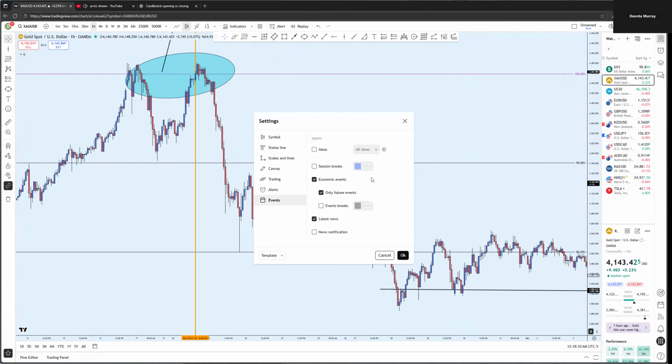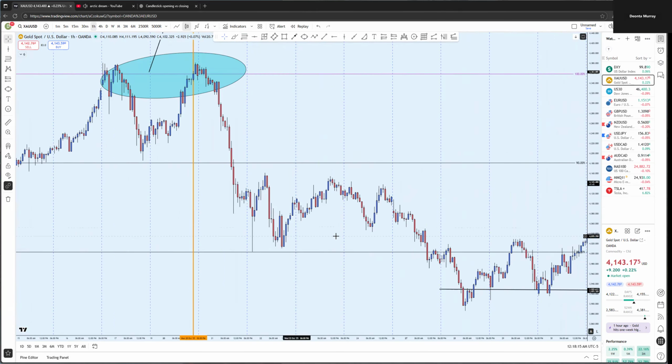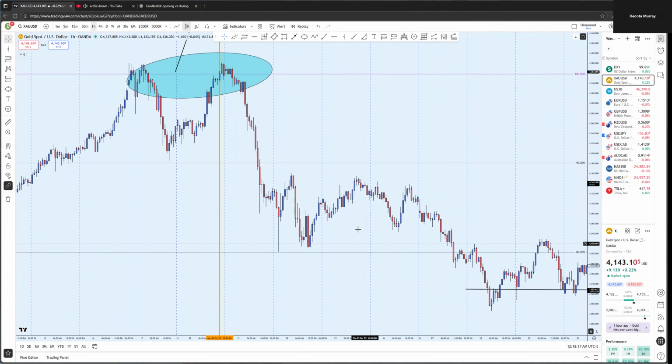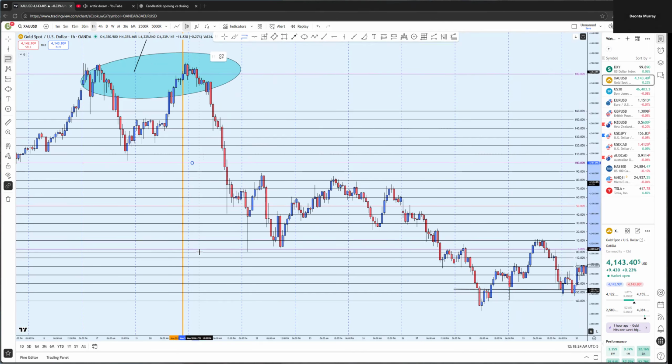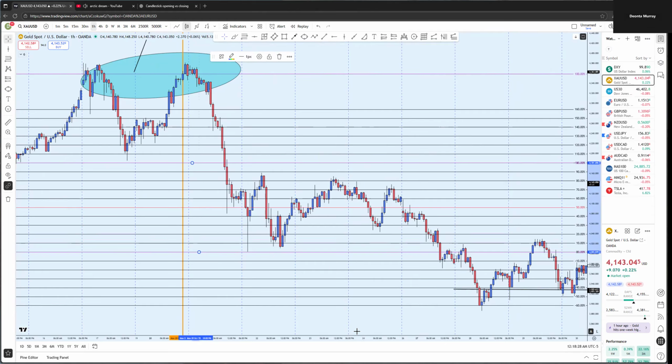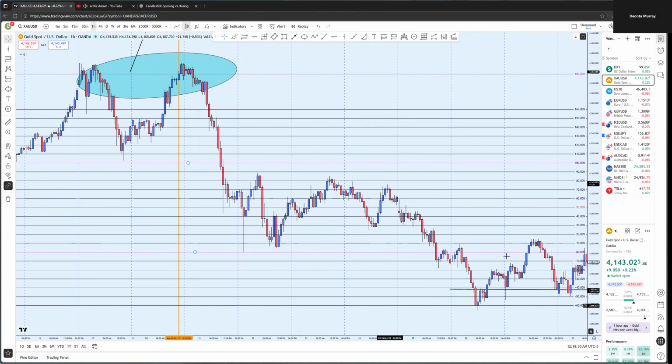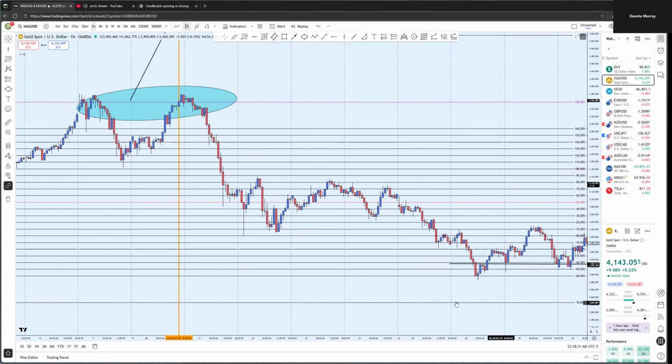I'm gonna turn on the session breaks again just to keep it organized. So we know from this blue line to that blue line is a day worth of candlesticks. And all I'm gonna do is place another fib in between, line for line, right? Hopefully y'all follow.